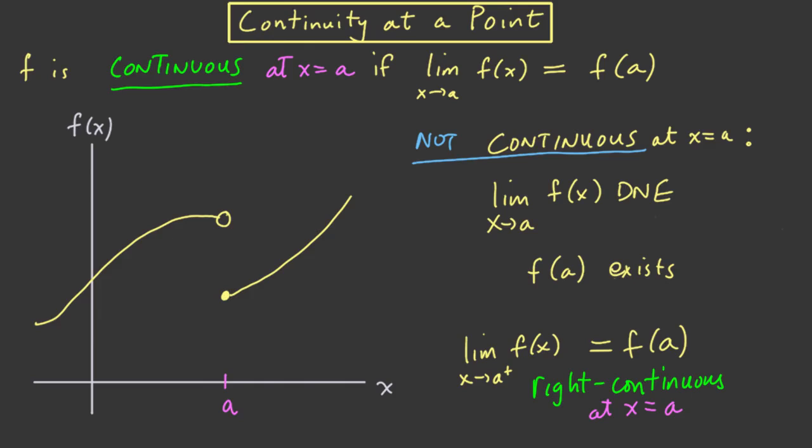I'm not going to write that down. So in this picture, f is right continuous, but not left continuous at x equals a. But to be continuous overall, we need to be both right and left continuous at the point in question. We're not here, so instead we have this jump, we have a discontinuity.